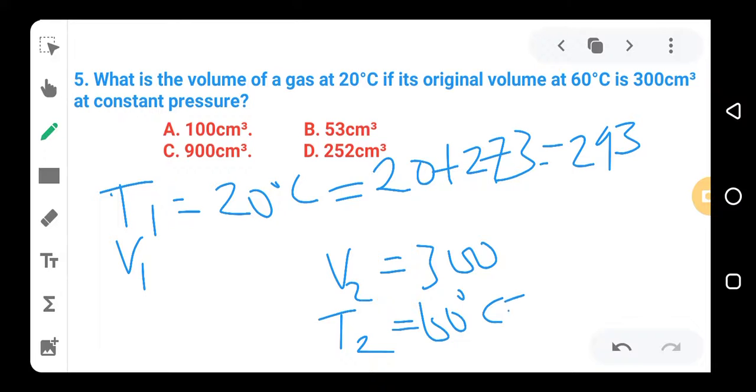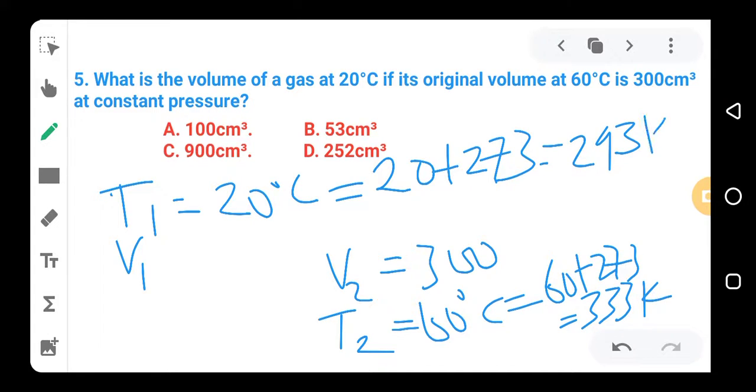For 60 we have 60 plus 273, and that will give us 333 Kelvin. This one is in Kelvin. Now with this we can start solving.